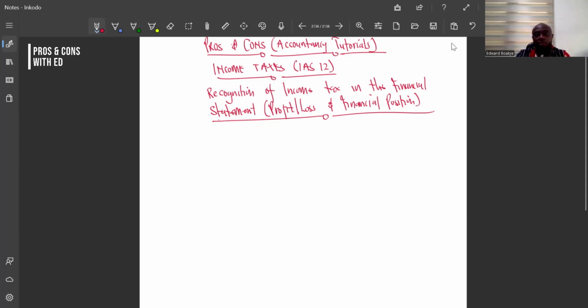The last time we talked about income taxes in terms of the current taxes and deferred taxes. We explained that current tax is the tax that we pay on our current profit. And the deferred tax is a tax, or let's say a notional levy, on a taxable difference.